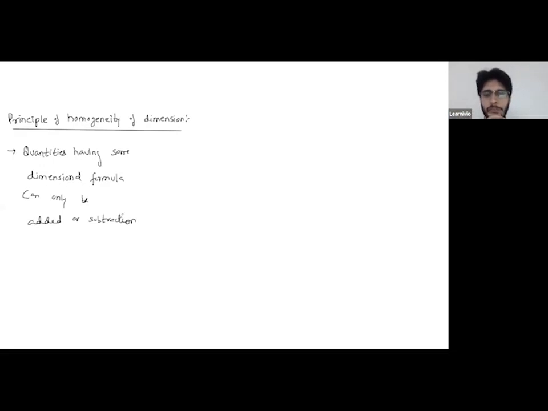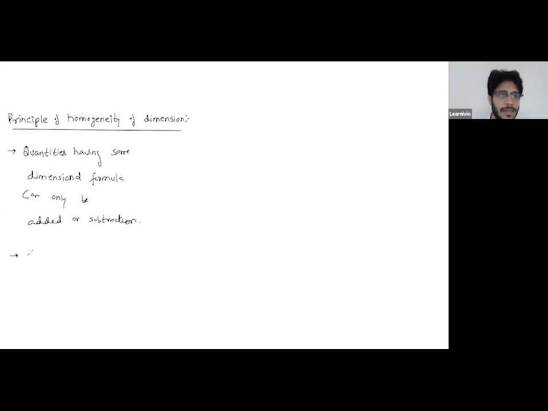Can we multiply area and length? Yes, sir. And the quantity would be volume. So quantities having the same dimensional formula can only be added or subtracted, but there is no such restriction on multiplication and division.